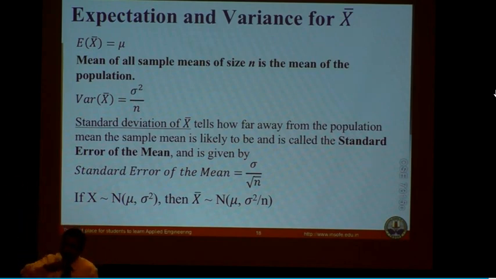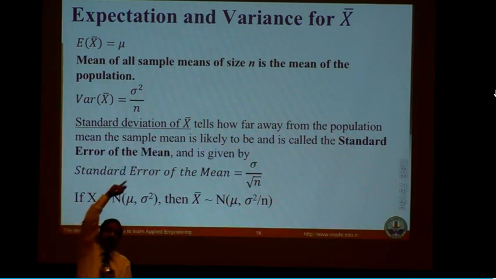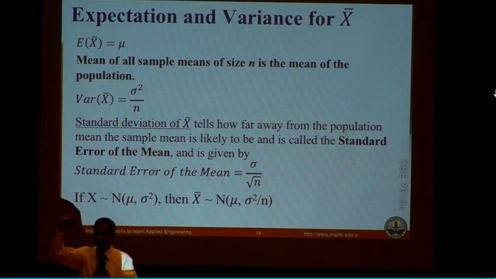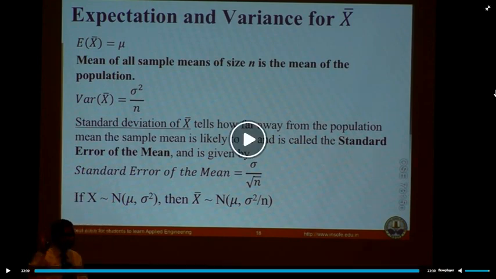Otherwise, the sampling distribution of the means has a mean and has a standard deviation like any other distribution. This mean happens to be equal to population mean. The standard deviation or standard error happens to be equal to the standard deviation of population divided by square root of n. There is a relationship between them.